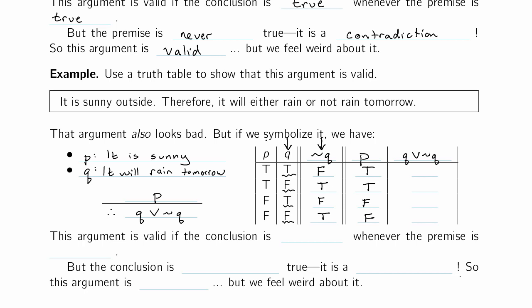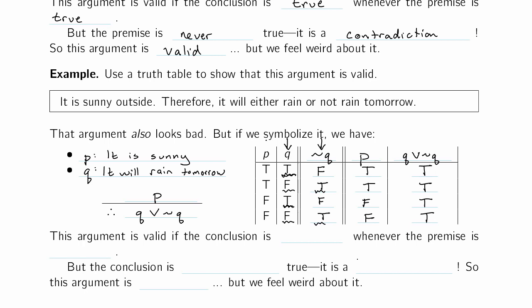The or is going to be true as long as at least one of them is true. So here Q is true, the or is true. Not Q is true, the or is true. Q is true, the or is true. Not Q is true. The or is still true.